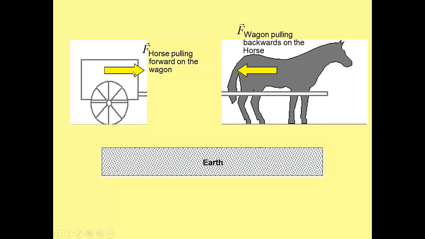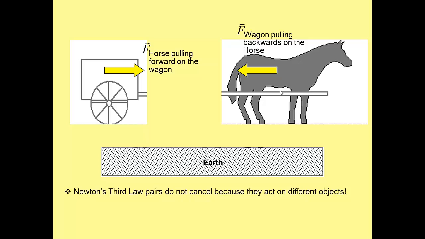See what I'm saying here? These forces don't act on the same object. One of them acts on one object, one of them acts on the other object. And if the two forces don't act on the same object, how could they cancel? If two forces are going to cancel, they've got to act on the same thing. So the farmer can say to the horse, hey, look, Newton's third law pairs never cancel because they always act on different objects.